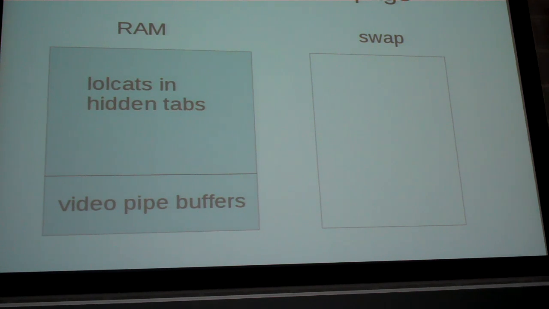Now the problem is that what's actually going to happen is all these funny cat pictures are mapped into the device space. And the core kernel memory subsystem doesn't know about it. It just sees, oh, this memory is pinned, I can't move that away.